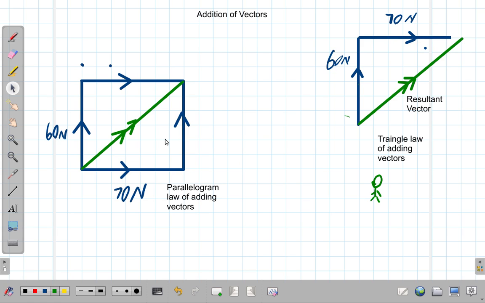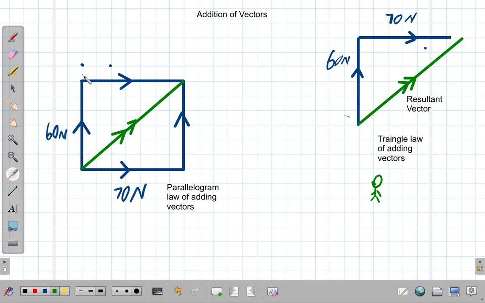So I can safely say to add two vectors. So, in this case, this vector is your resultant, and it's the same resultant as this. Because this 60 newtons is the same as this 60 newtons, same magnitude, same direction.